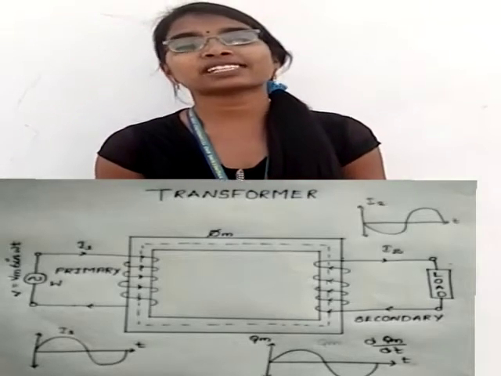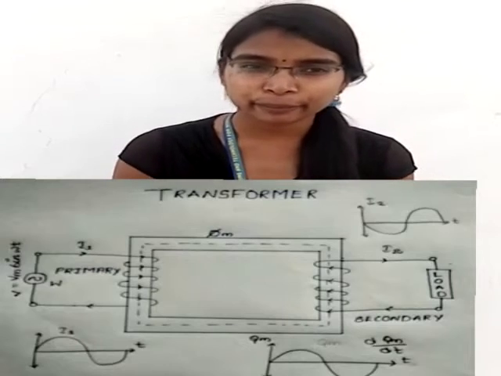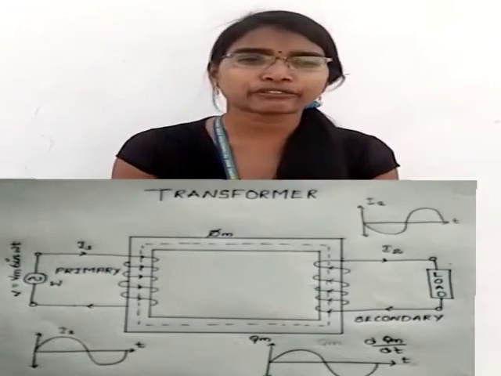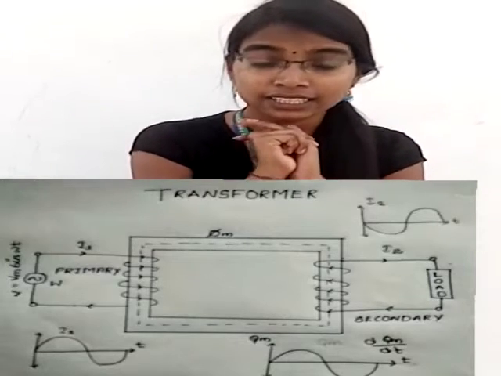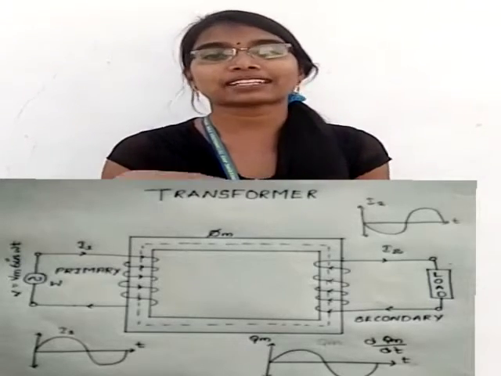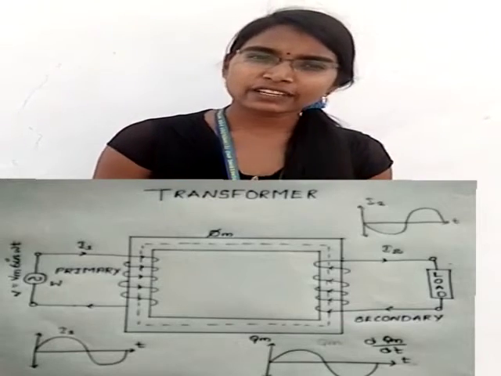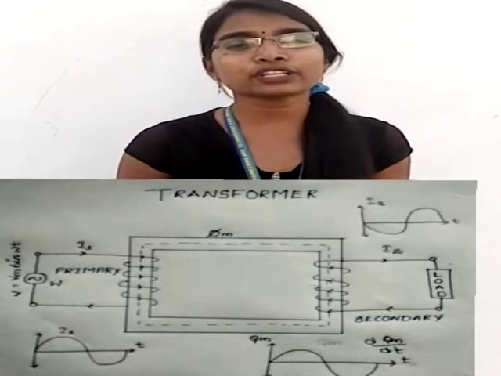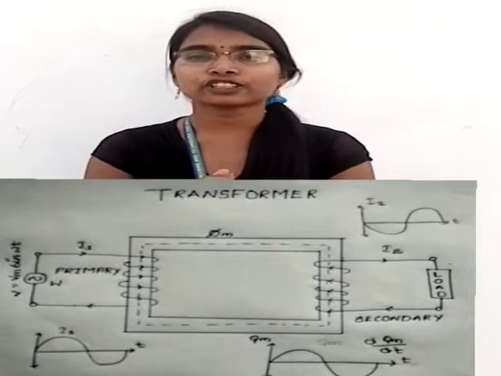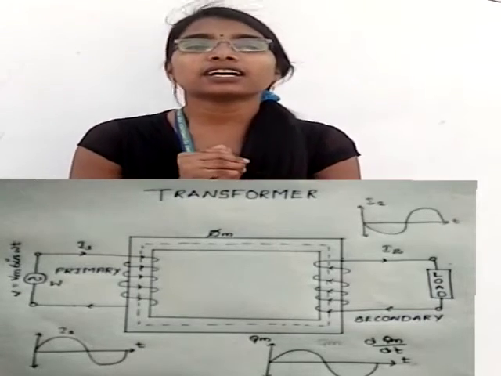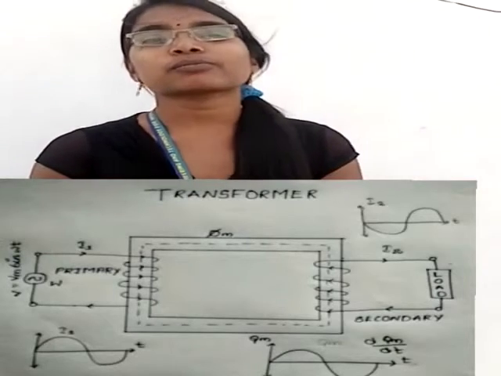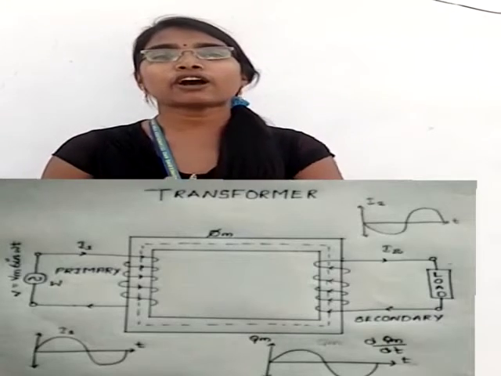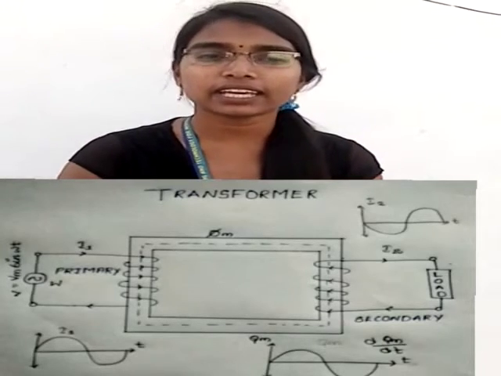Since the primary winding is placed on the rectangular iron frame, a portion of the magnetic field is linked with the rectangular iron frame, and hence the rectangular iron frame gets magnetized. The secondary winding is also placed on the same rectangular iron frame, and according to the Faraday law of electromagnetic induction, there is a relative motion, a change in the magnetic field of the secondary winding.